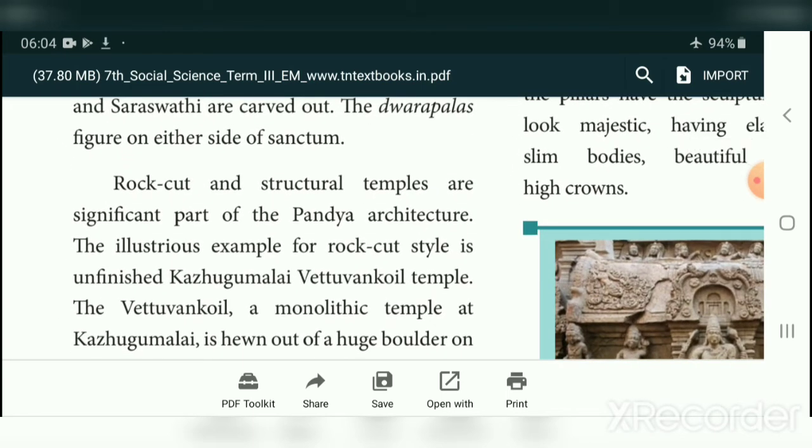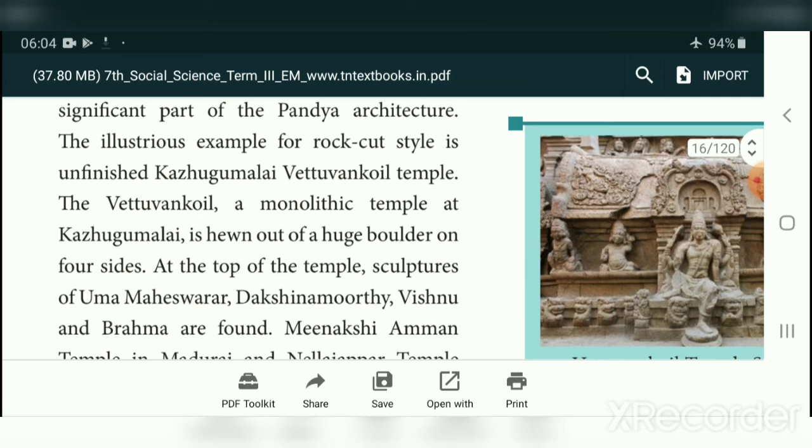Rock-cut and structural temples were a significant part of Pandya architecture. The most important example for the rock-cut style is the unfinished Kalugumalai Vettuvan Koil temple. It is not completed. It is in Kalugumalai.